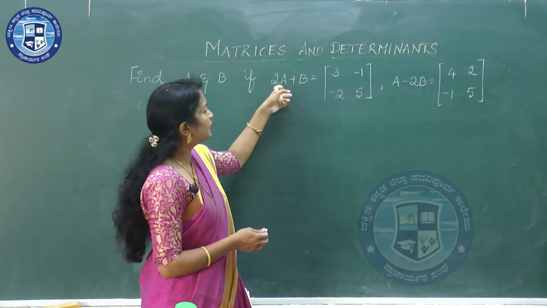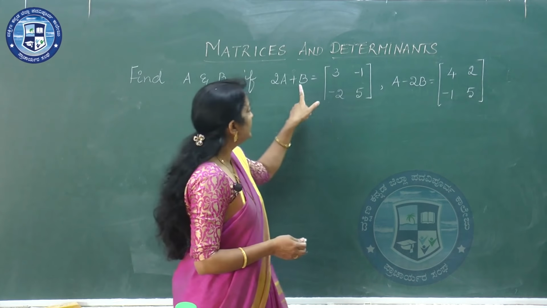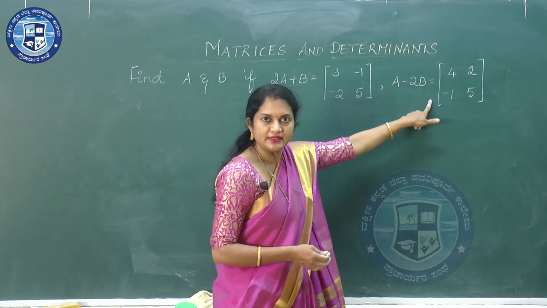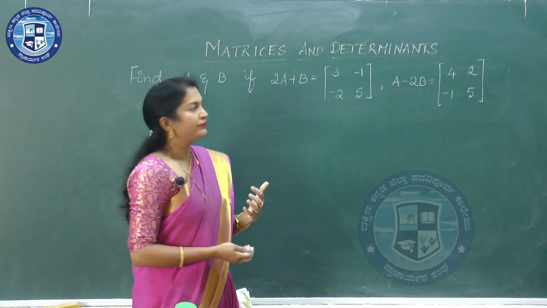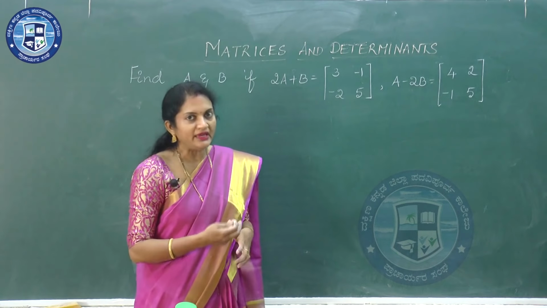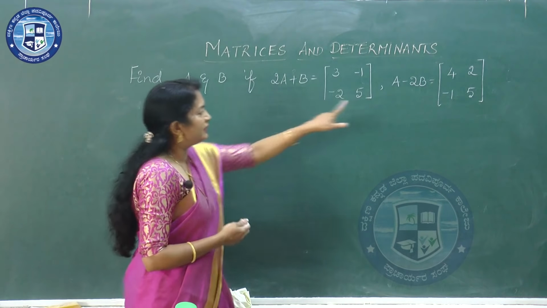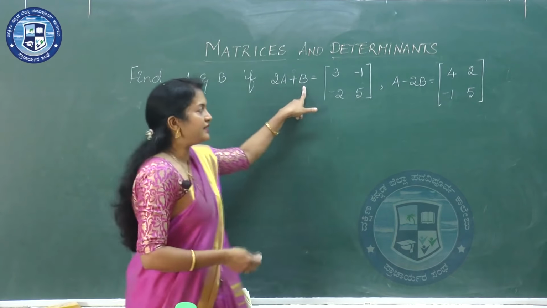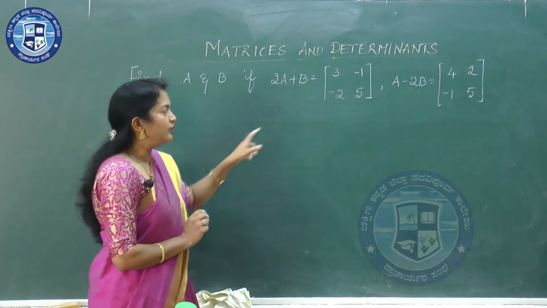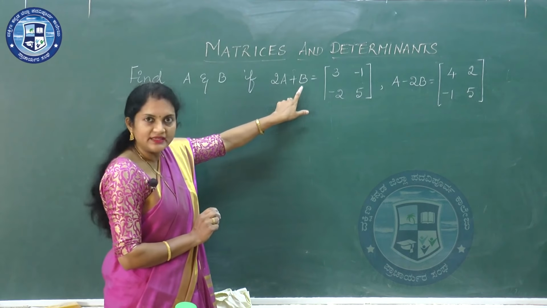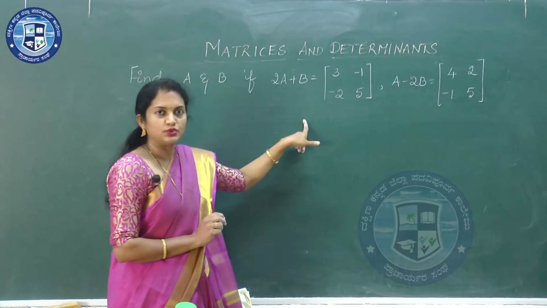Here 2A is there, here A is there, here B is there, here 2B is there. So either the A coefficient or the B coefficient we will try to make equal. Now here 2B is there, here only B is there. So I multiply this equation by 2.